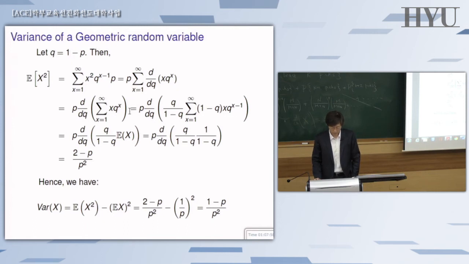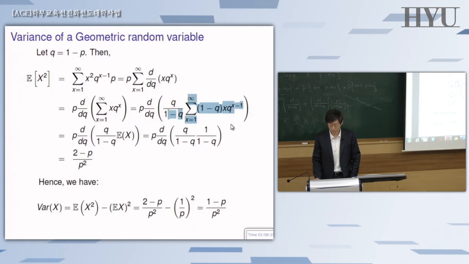But then again, assume that it's okay to switch the order of this infinite sum and the derivative. First derivative and then infinite sum might be the same thing as first infinite sum and then differentiation. But then rewrite the stuff inside this bracket as this.